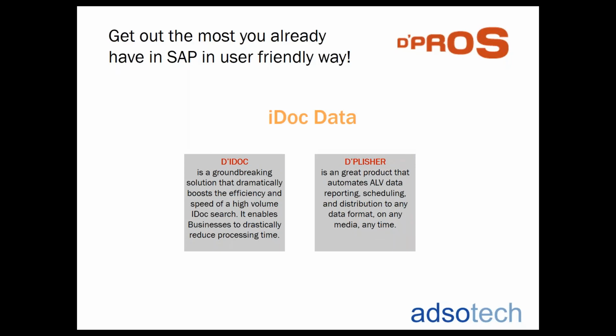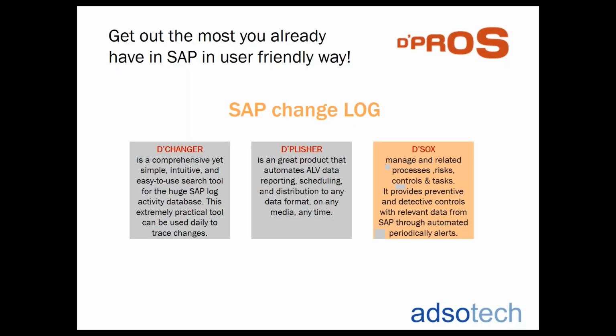And the last example, we can search the failed eDocs for you and automatically enhance the information about the error and send it to your operators that are responsible for solving eDoc problems. So this is dpros. It makes it very easy to use data inside SAP, for example change logs, where you might sometimes use an external service to create an audit trail. Now you can just use the audit trail that is provided natively by SAP.